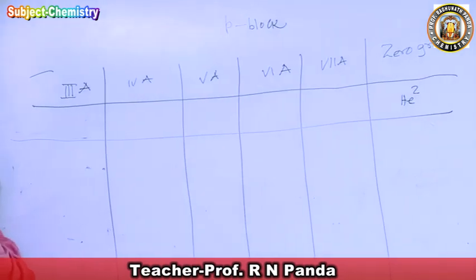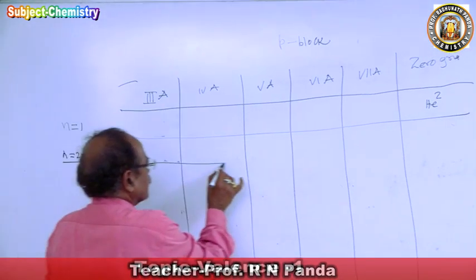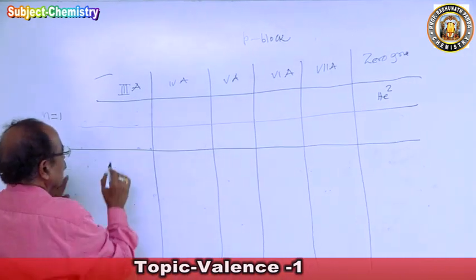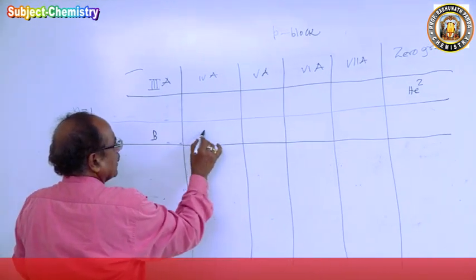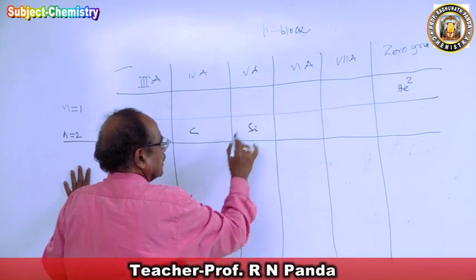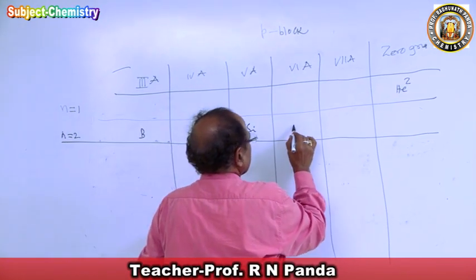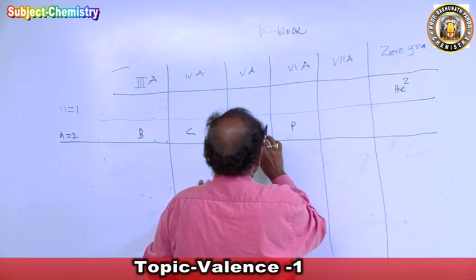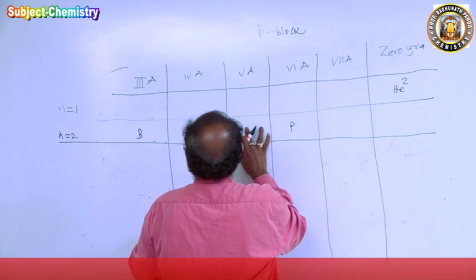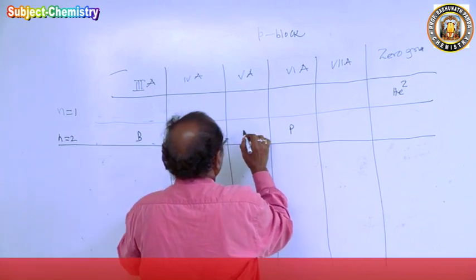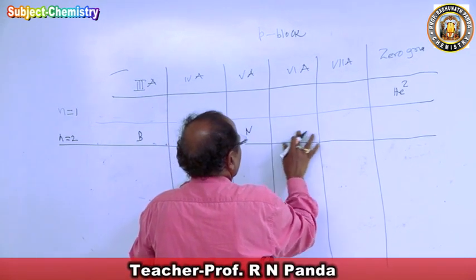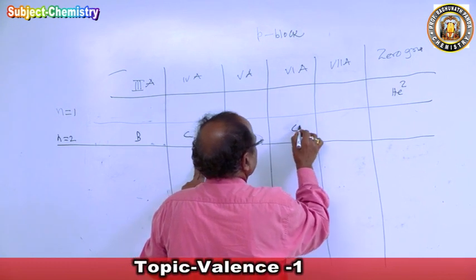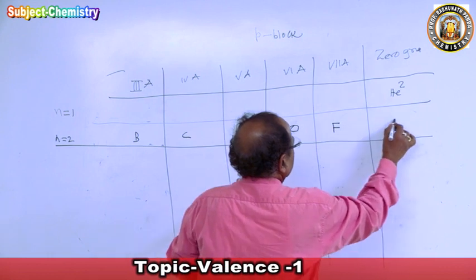Now if you come to n is equal to 2, the second period, we have 3A: boron, carbon, nitrogen, then oxygen, then fluorine, then neon.